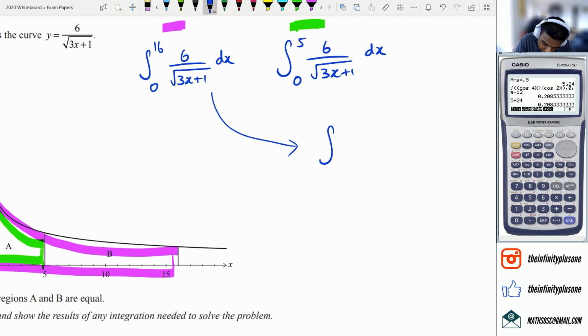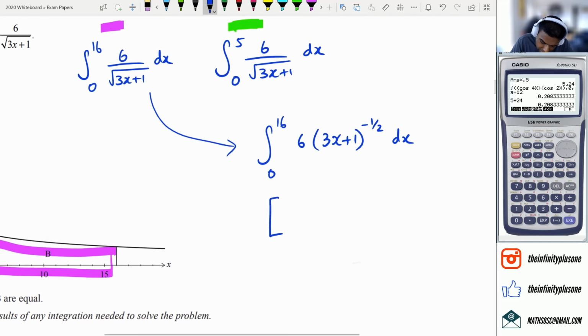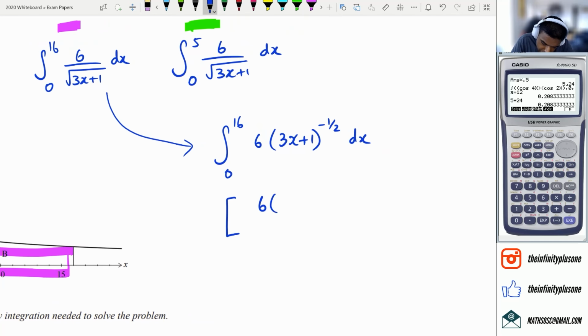Before I get started, I want to bring that square root symbol to the numerator. So this is going to become 6 multiplied by 3x plus 1 to the power of negative half dx. And when I integrate this, I'm going to get 6, 3x plus 1 to the power of negative half plus 1, divided by the new power, which is negative half plus 1.